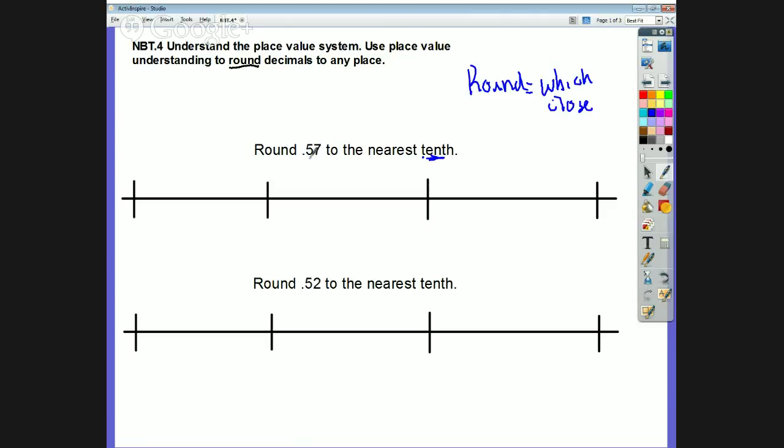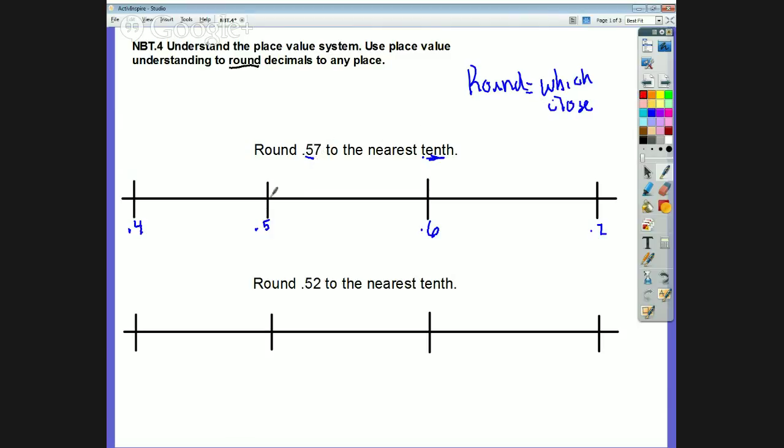If I look at my tenths position, it looks like I have a 5, and I'm going to create a number line here with 4 tenths, 5 tenths, 6 tenths, and 7 tenths. Then I'm going to graph where exactly 57 hundredths is.